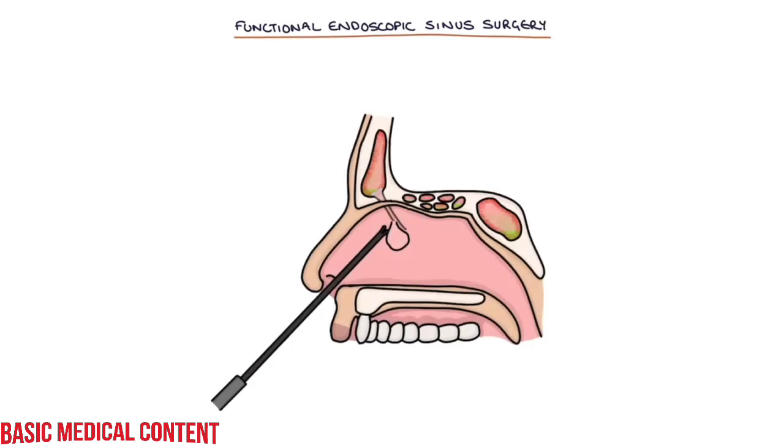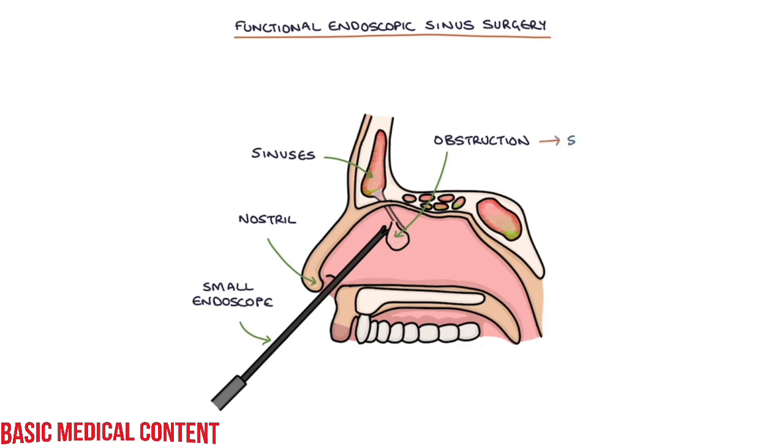Finally, let's talk about functional endoscopic sinus surgery. Functional endoscopic sinus surgery, which can be shortened to FESS, F-E-S-S, involves using a small endoscope, or a camera, inserted through the nostrils and the sinuses. During the procedure, instruments can be used to remove or correct any obstructions to the sinuses.